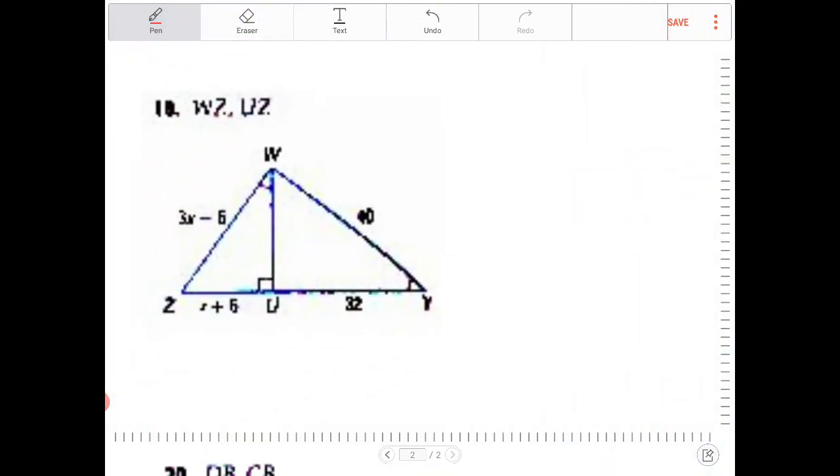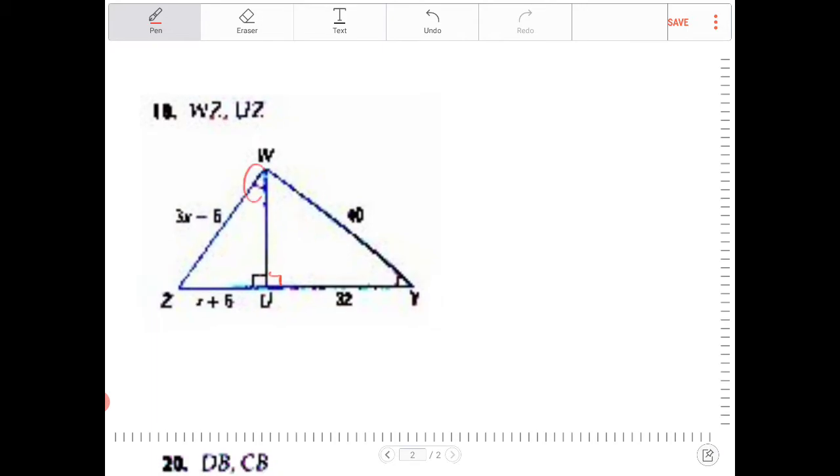Okay, we need to find WZ and UZ. I notice that I have two triangles that are adjacent to one another. So these two triangles are actually going to be similar because I have a right angle in both of them, and this angle over here and this angle over here are congruent. So therefore, I can then solve for this.